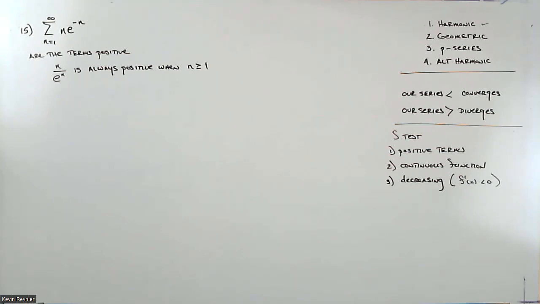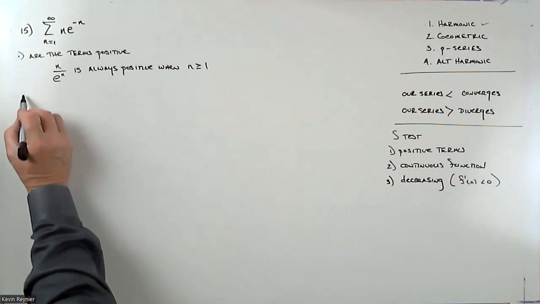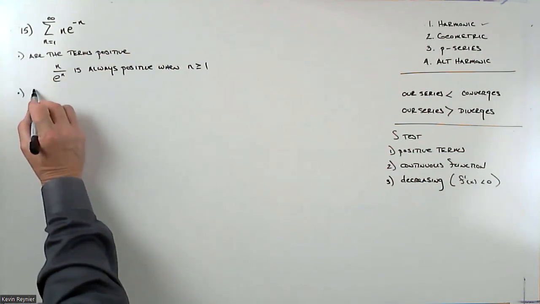Right? Because e to the n is always positive. The graph of e to the x is always positive. It's in quadrants 1 and 2 only. And n is going to be positive, and in this case, because we're working with series, n starts at 1, so it's positive. So we've got that one. Continuity.